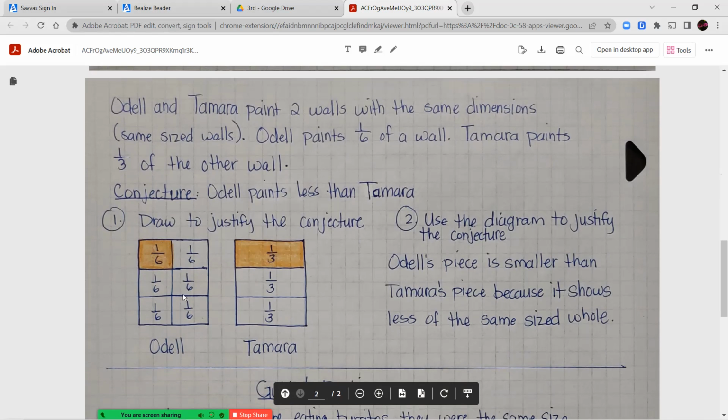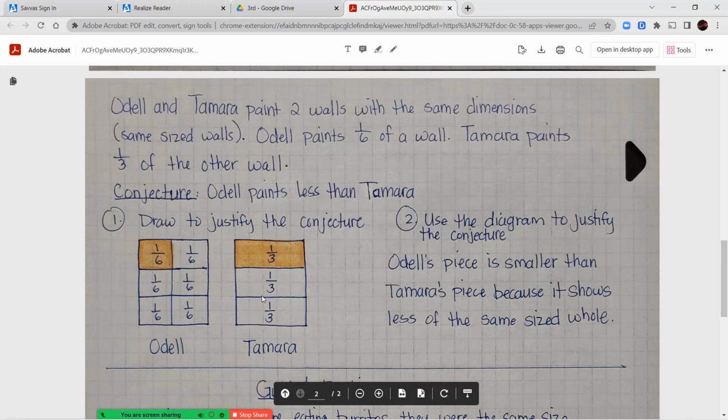So here is Odell's wall and here's Tamara's wall. Odell's is broken up into 6 equal parts because we know that she painted 1/6. Since that has a denominator of 6, it tells us it has 6 equal parts. So I cut it into 6 equal parts and I filled in 1/6. For Tamara's, we can see that she painted 1/3.